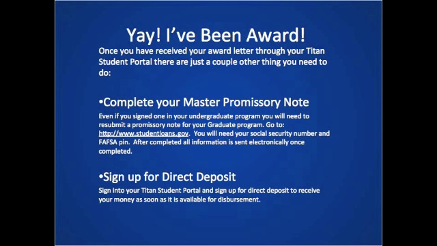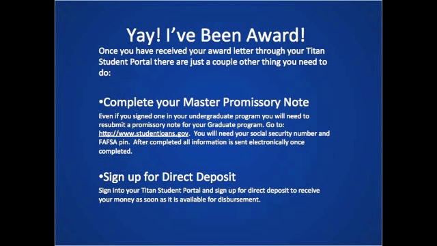If you have taken out a loan, you are going to need to complete the Master Promissory Note. Even if you signed one in your undergraduate program, you will need to resubmit a promissory note for your graduate and post-baccalaureate programs. In order to do this, go to www.studentloans.gov. You will need your Social Security number and FAFSA PIN in order to complete the promissory note. After completed, all information will be sent electronically.